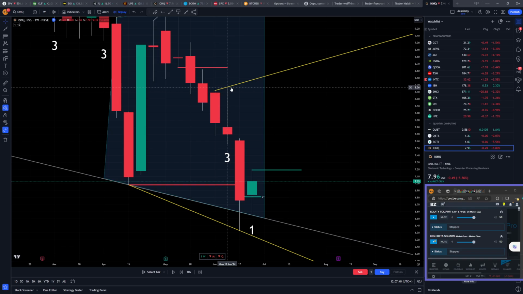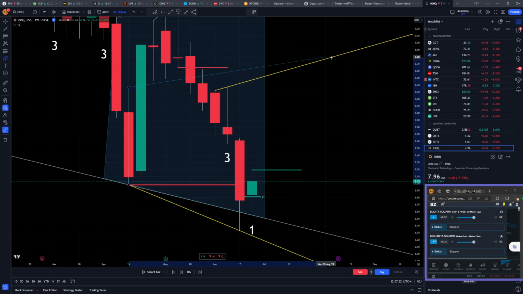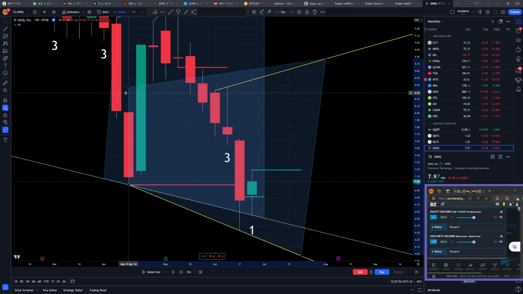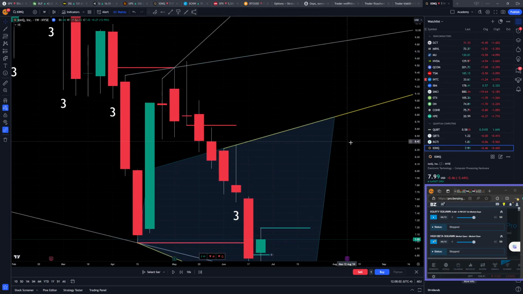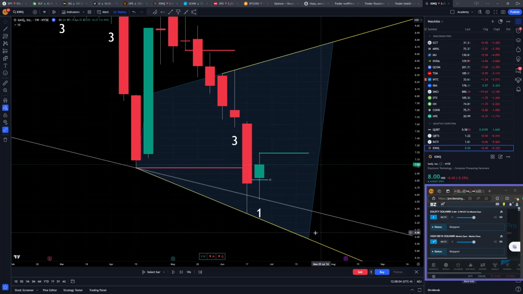And we made this higher high, and we formed a broadening formation known because of this 3. So then our new playground becomes up in this area. Okay. I'm going to delete the old one just to make it clear.